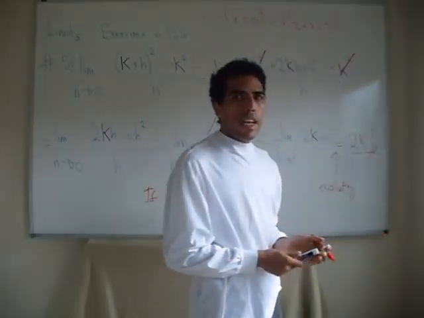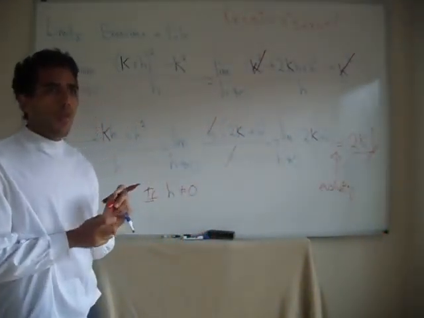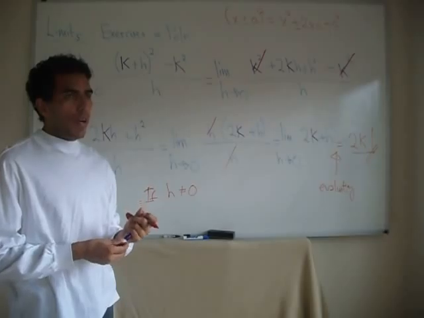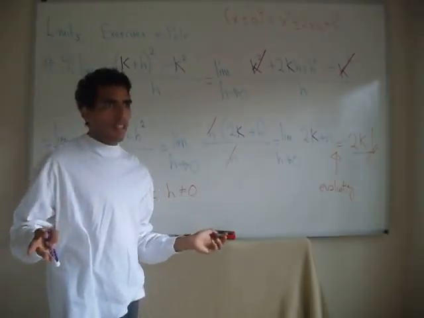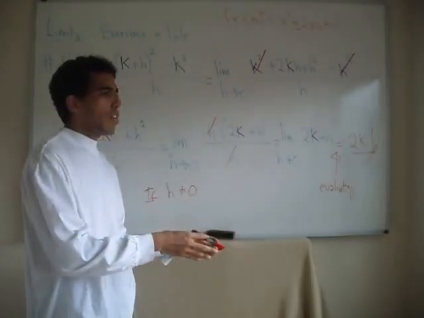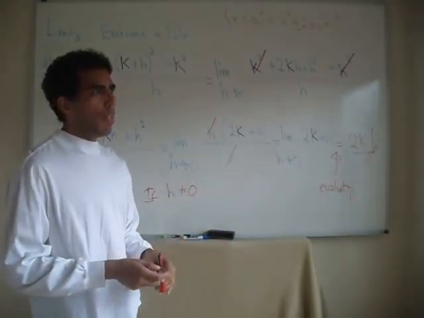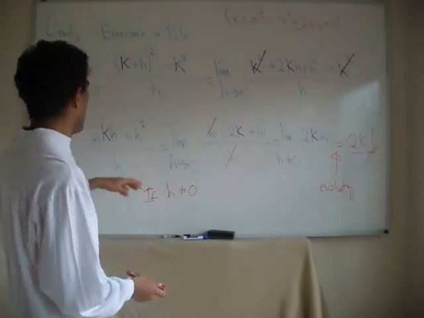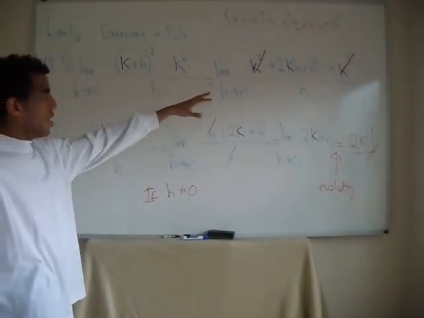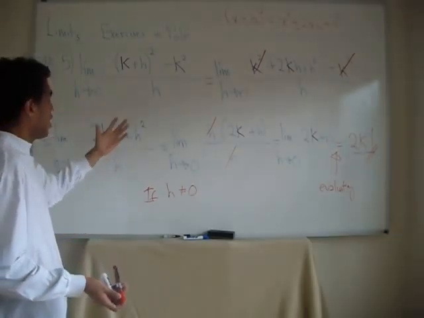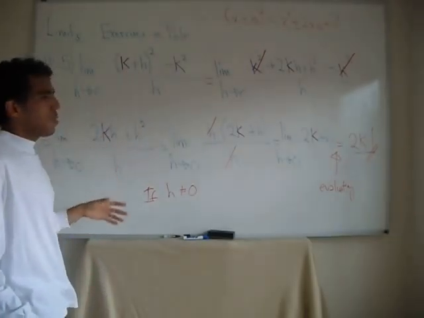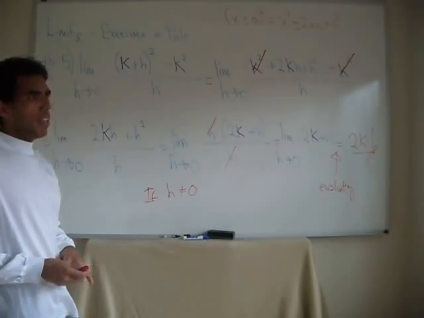You always have to be aware of what kind of letters you have in the equation, because the fact that you have a letter in a function doesn't mean that all the letters are going to be variables, okay? Some are going to be constants and some are going to be the variables, okay? So again, I just changed the name of the letter so that you can see I'm not affecting the exercise by any means, okay? The variable is h. H is where I have to work on the indetermination, okay?